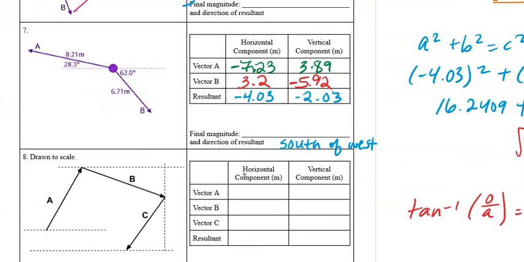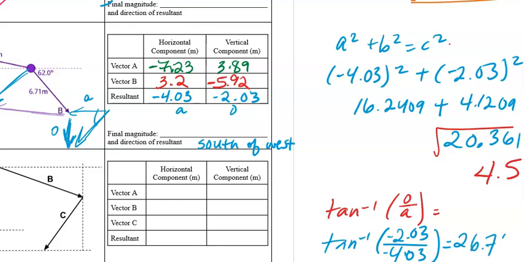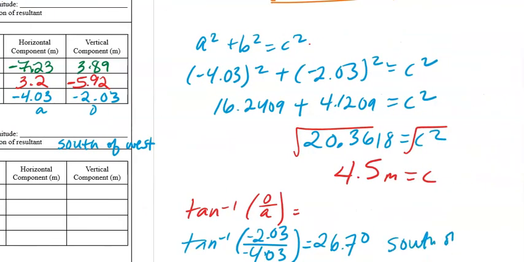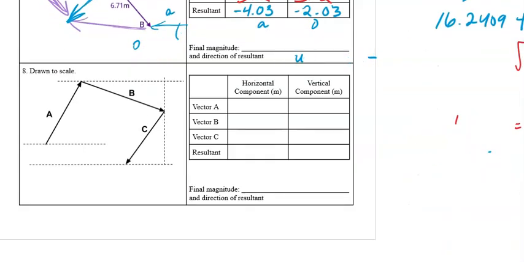Now I got to get my angle, so I'm going to draw my resultant again. That way I can identify, like, this is my angle, that's opposite, that's adjacent. The opposite is the vertical one, so I put a little O there. So it's 4.5 meters, 26.7 south of west.